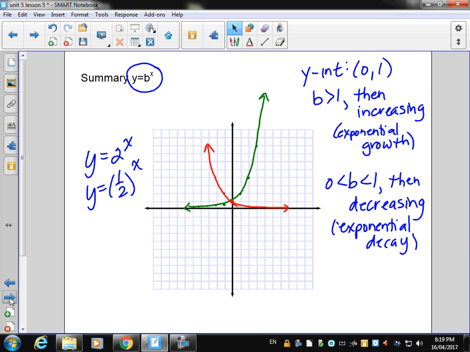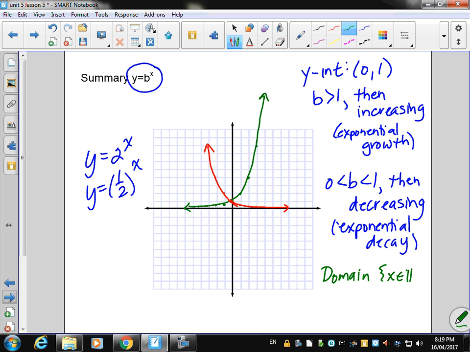The domain for both of them is that it goes forever and ever to the left and to the right. You can have any value for x, and we could find a value for y. So the domain, x can be any real number. The range. Notice that as far as the up and down goes, this is always greater than 0.